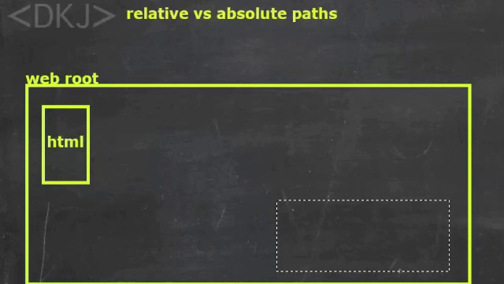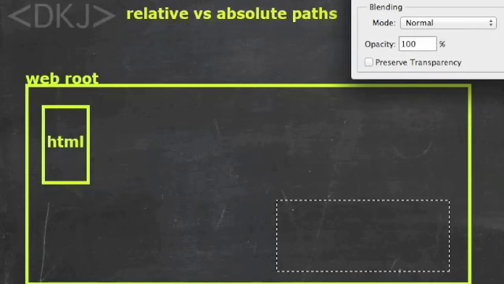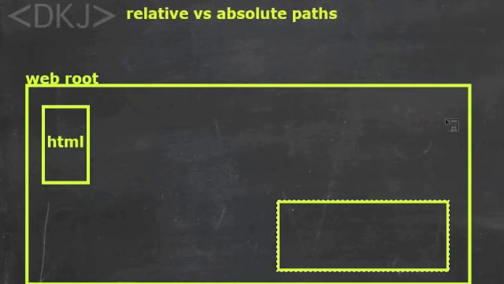Now, the picture of a cat, like all the other pictures in our website, is going to be held in a folder called images. This is pretty standard practice. Here you have your images folder, and inside of the images folder, we're going to have our cat picture.